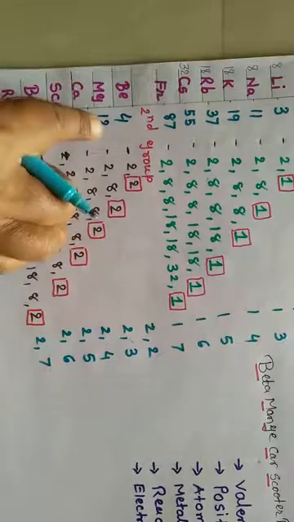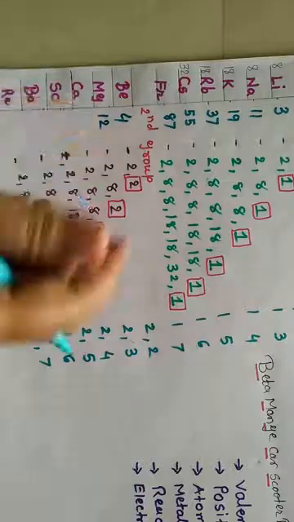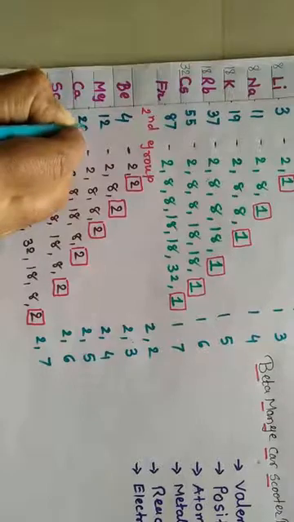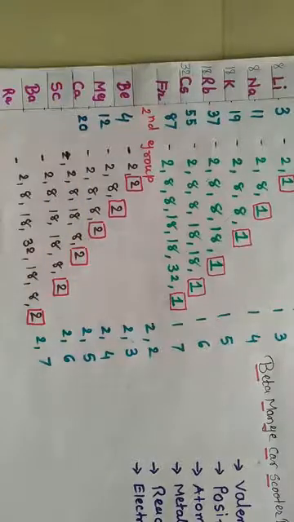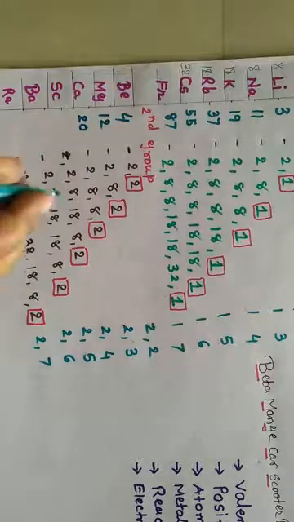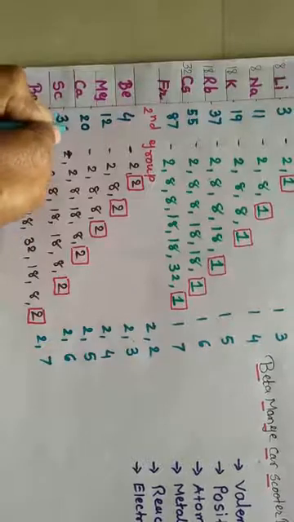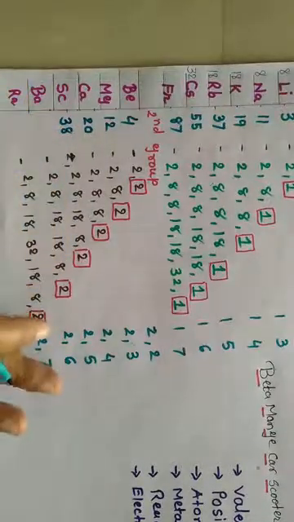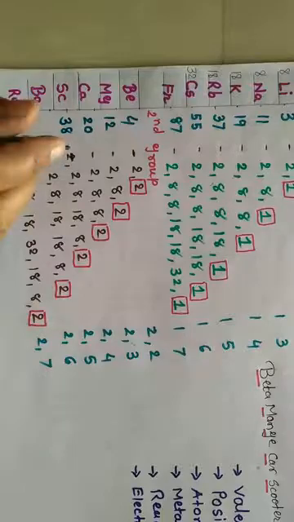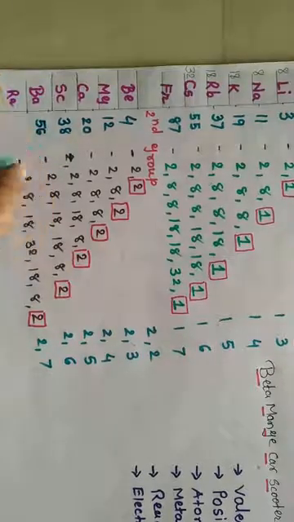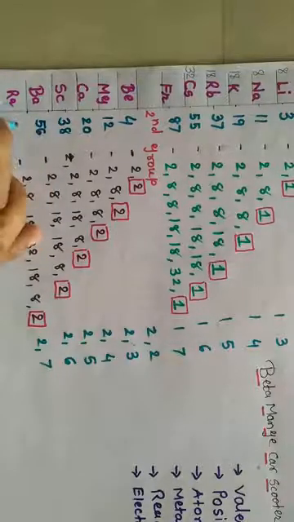After that, we add 8 to 12, so 12 plus 8 is 20. So for calcium, the atomic number is 20. Then for scandium, 20 plus 18 is 38. Now 38 plus 18 is 56. And finally 56 plus 32, the atomic number is 88.